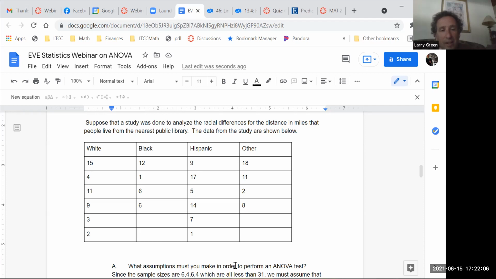Yeah, they have equal standard deviations, because there's no reason to know that they have equal standard deviations.